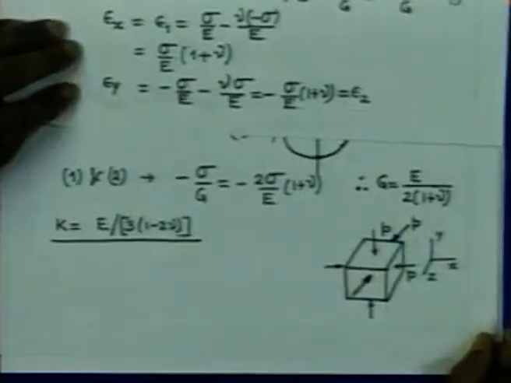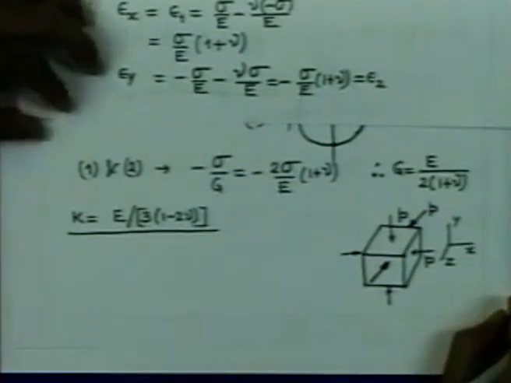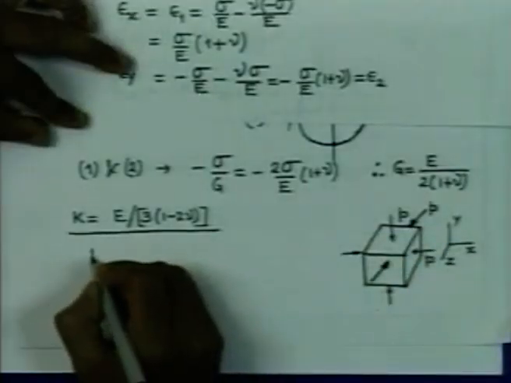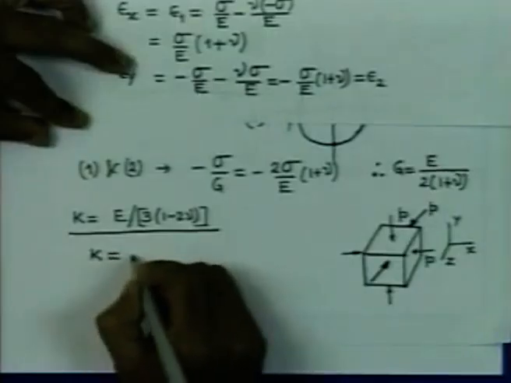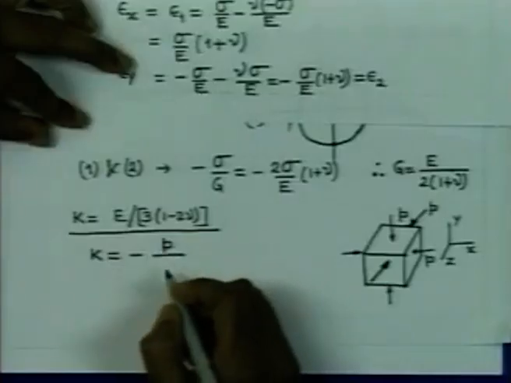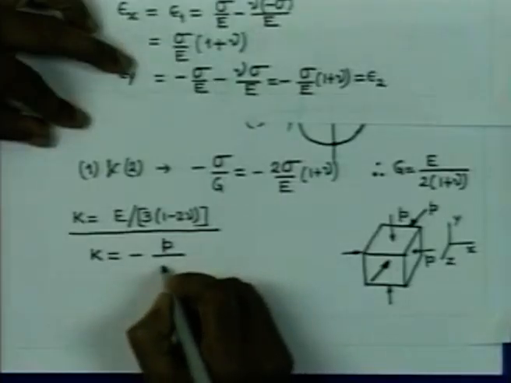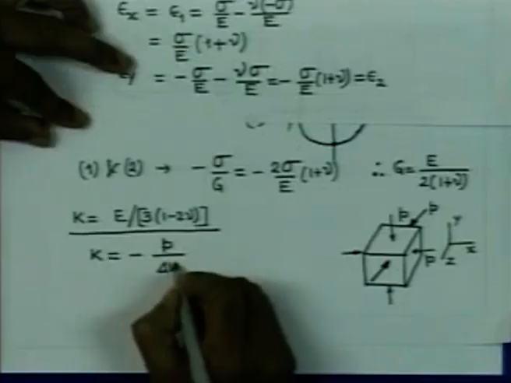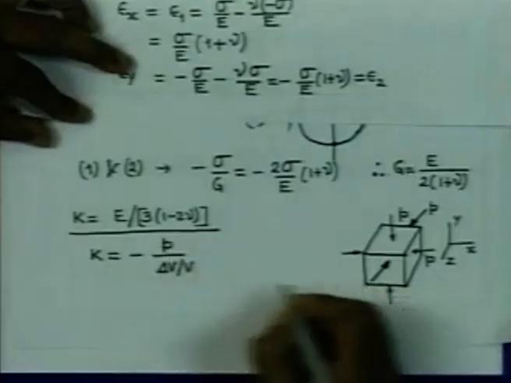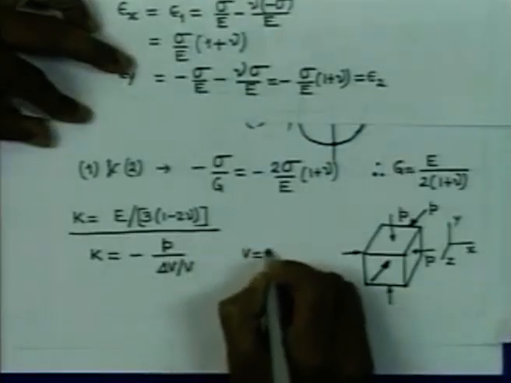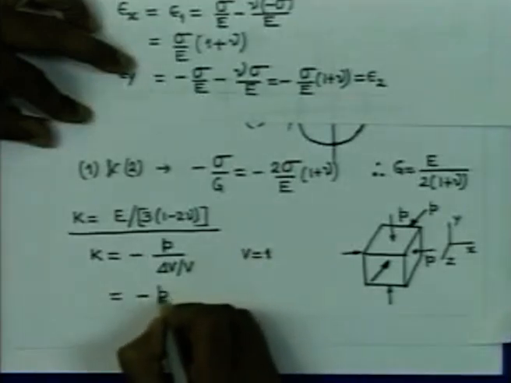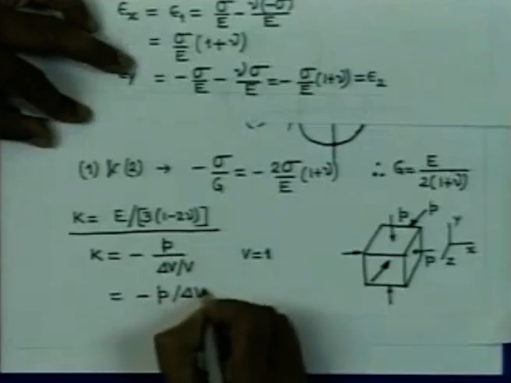So, this is the state of stress on this unit cube. Now, the bulk modulus is defined by minus pressure divided by the volumetric strain, which is delta V by V. So, in our case, since V is equal to unity, we have taken one unit cube, this is nothing but P divided by delta V.